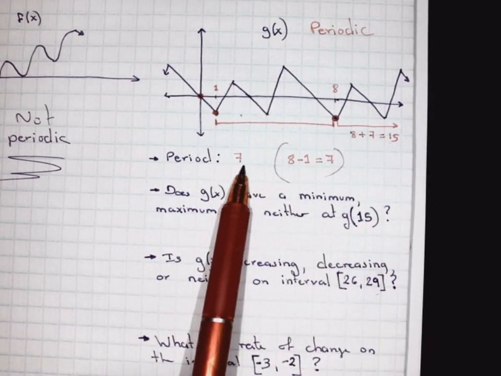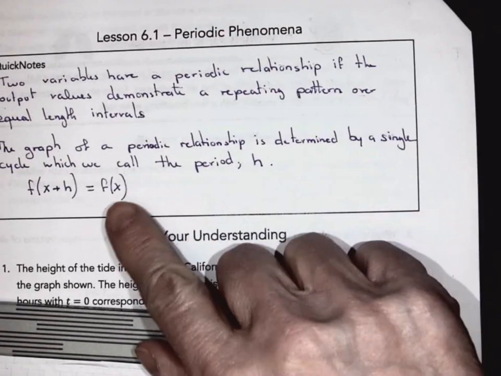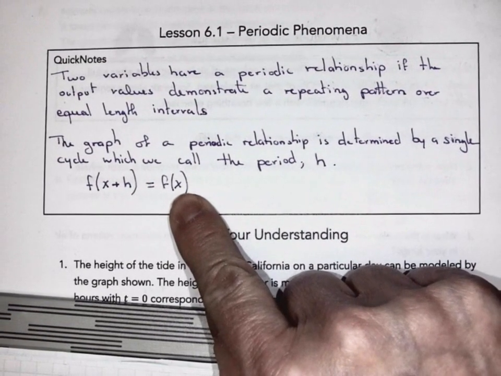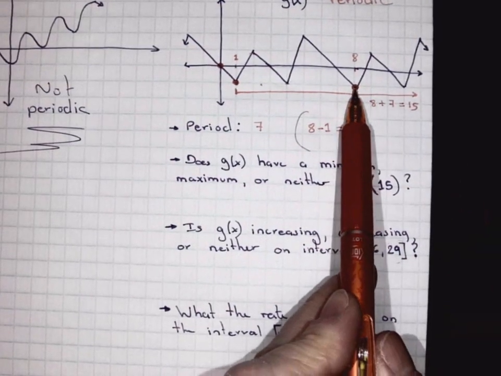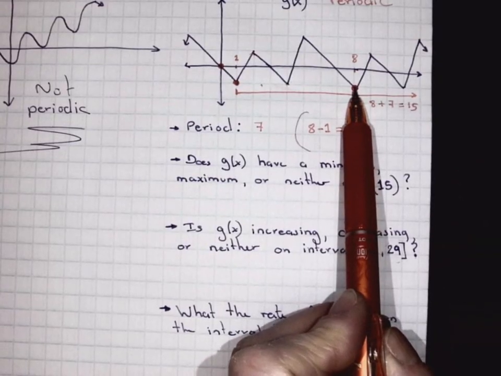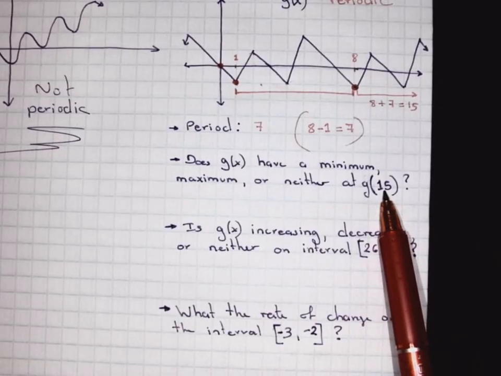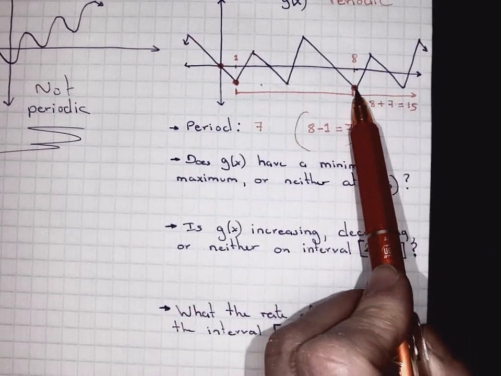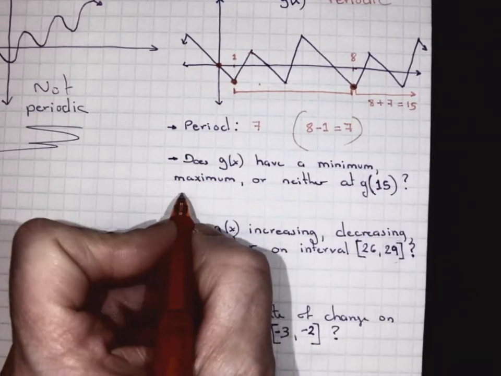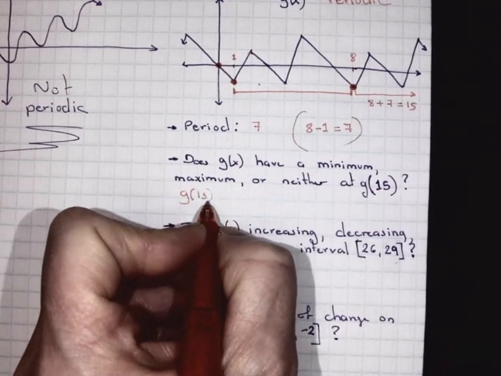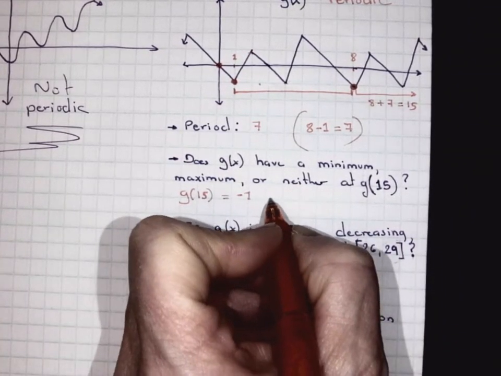One full cycle after that minimum, we just said, I should be at the same y value. So I'm at the minimum, and I'm adding one full cycle of 7. 8 plus 7 is 15, and therefore I'm going to be at that same y value, which is a negative 1. So g of 15 equals negative 1, which is a minimum.